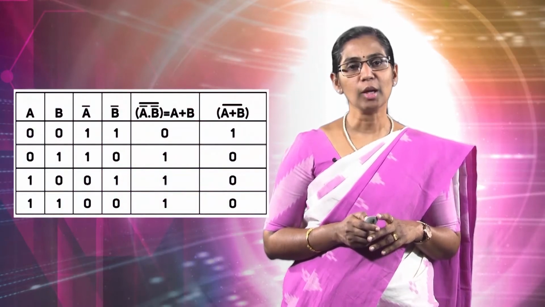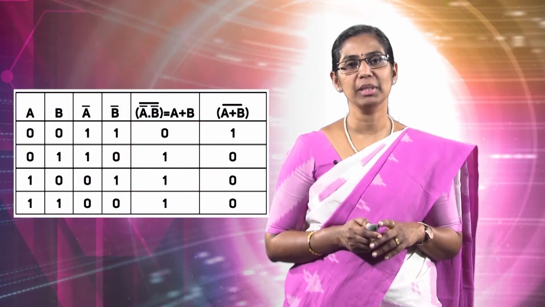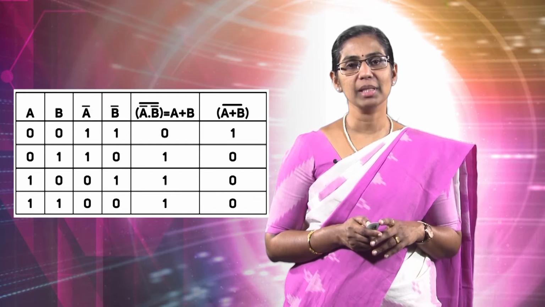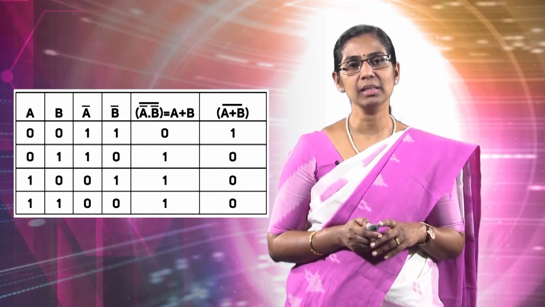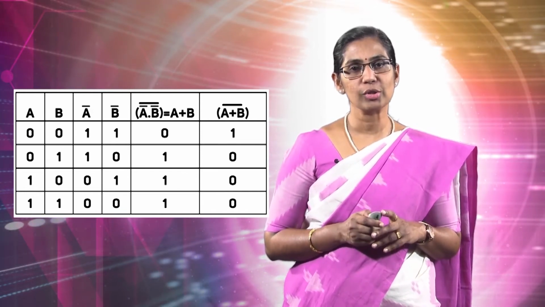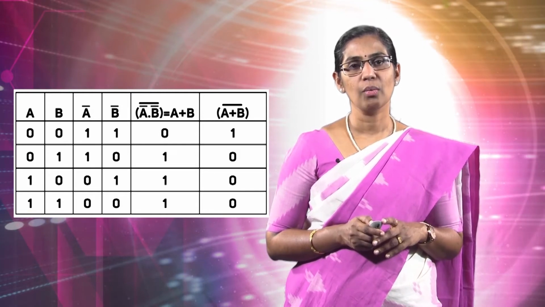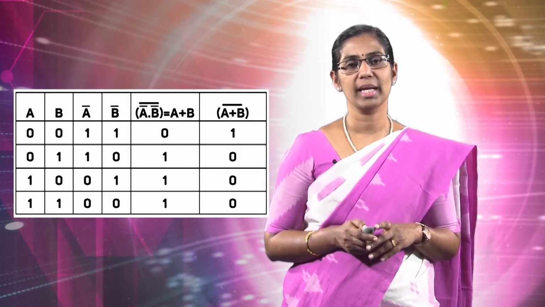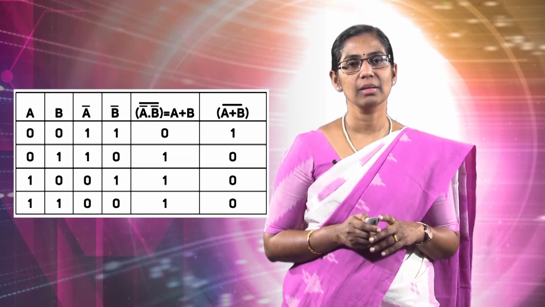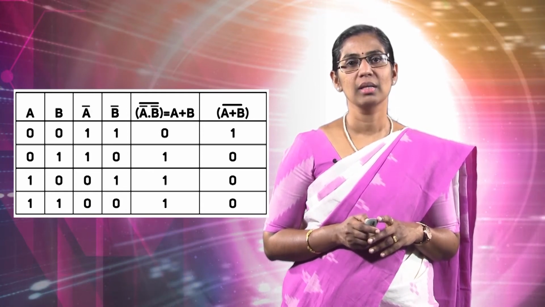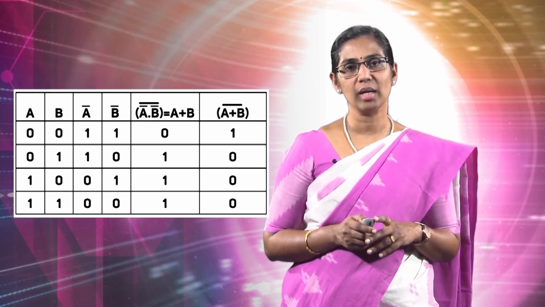We can verify the result using the truth table given here. See the columns A, B, A complement, B complement, then (A plus B) whole complement. We get the results as, for 0, 0: 1, 1, 0 and 1. For the next, 0, 1, the values are 1, 0, 1, 0.